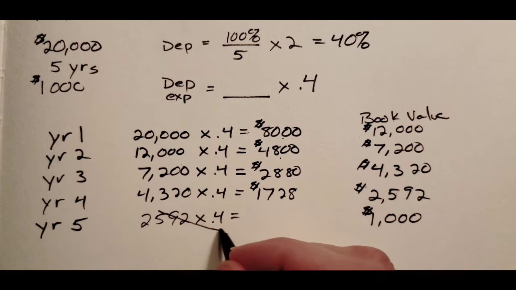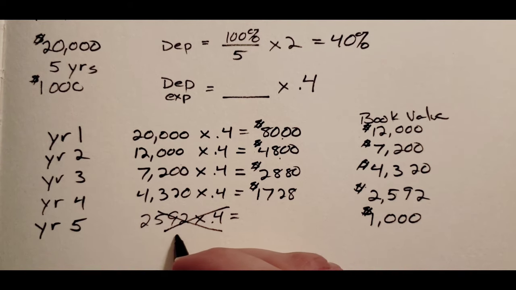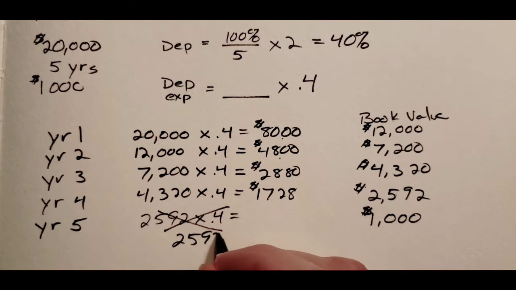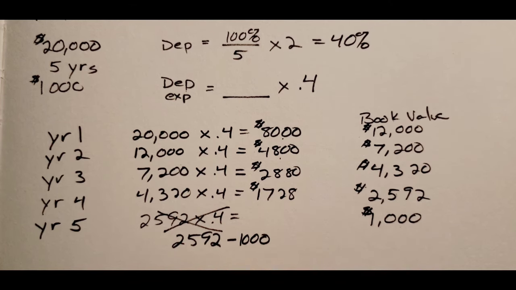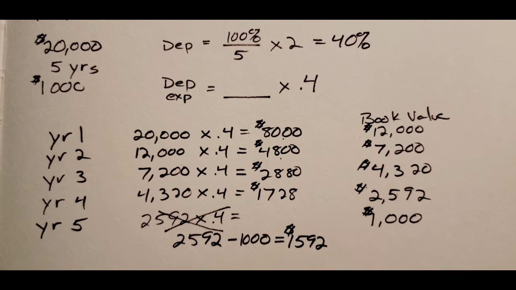So we're going to ignore the rate for year 5 and just say it's our book value, $2,592, minus $1,000, which is our salvage. We're basically finding the difference of what we have to lose on the truck to get down to our salvage value. So that equals $1,592, and that is our depreciation for year 5.